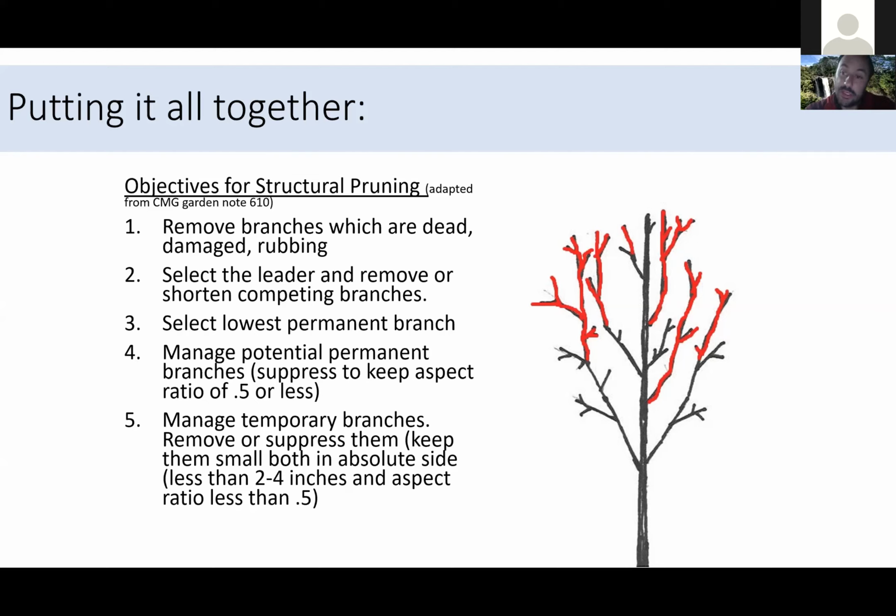You could maybe tell them you want your tree to have one central leader or one dominant trunk. They might understand that. And you might want to remove the lower branches before they get too big, but not too fast, things like that. So hopefully, as you've taken all these trainings, you're thinking in your head how it'll translate into working with the general public. But those are some of the things I would focus on when I talk to the general public about young trees.